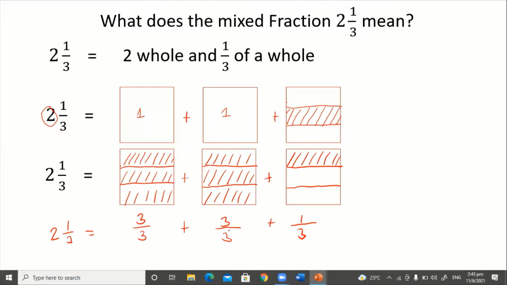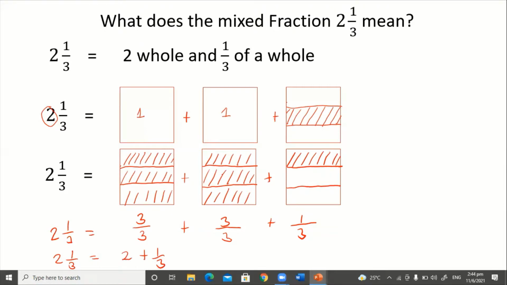So when I put them together, 1 plus 1 will give me 2, plus a third. So in summary, you could see that 2 and 1/3 is therefore equal to 2 plus 1/3 of a whole. That's what it really boils down to, right?